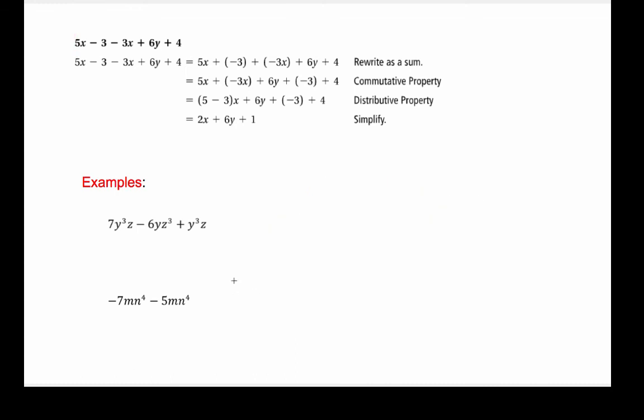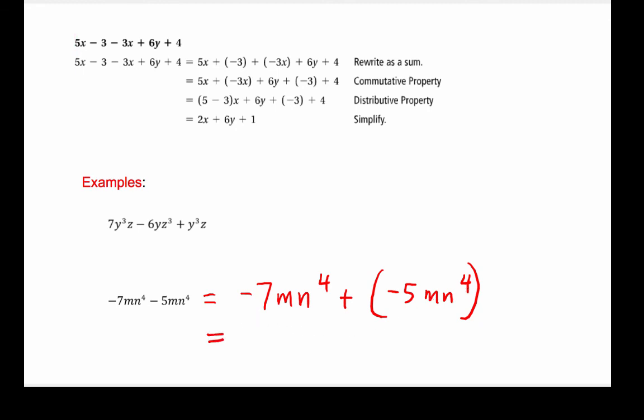And one more example. Change our subtraction to an addition. The nice thing here, we only have 2 terms. Can we combine them? Well, if we look at our variable parts, we have mn to the 4th. Over here we have mn to the 4th, so the answer is yes.